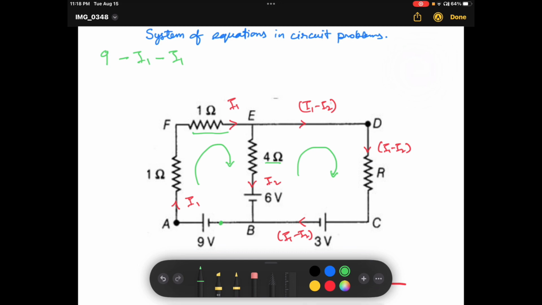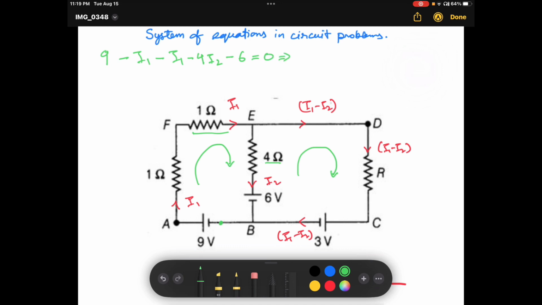So whatever that current is, we utilize that. We multiply the resistance and the current, so that is 4I2, another drop in voltage, minus 4I2. Then we are going opposite to the battery, so that causes a drop in voltage, minus 6 volts, and then we come back to our starting point. So all of it together is 0.